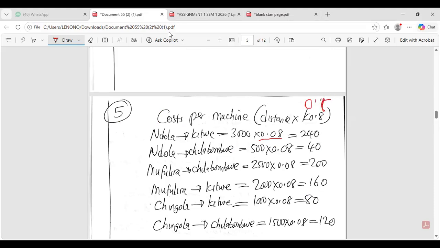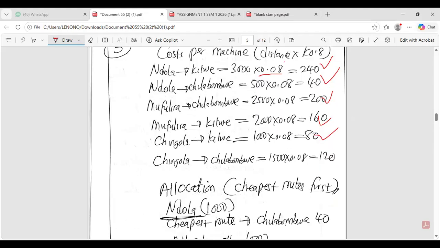After multiplying by 0.08, we are getting the values, which are these ones. Okay, that is from Ndola to Kitwe 240, Ndola to Chilabombwe 40, Mfulira to Chilabombwe 200, Mfulira to Kitwe 160, Chingola to Kitwe is 80, and then Chingola to Chilabombwe is 120.